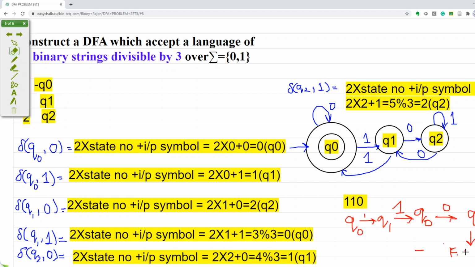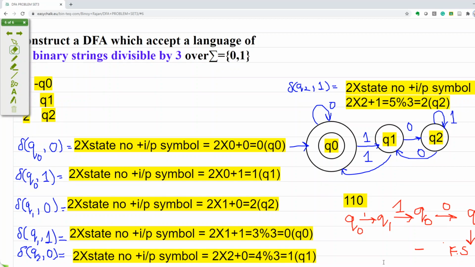When I am in the final state, that string will be accepted. So this string is accepted.